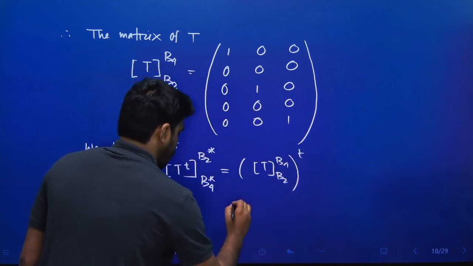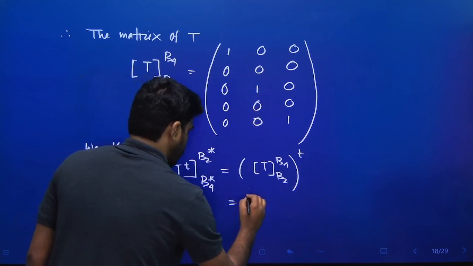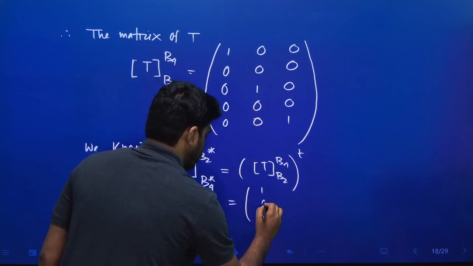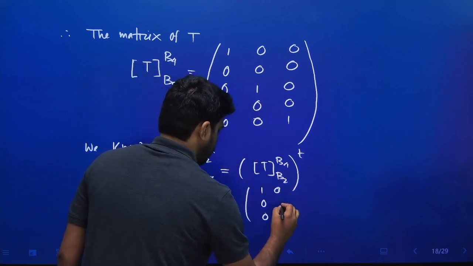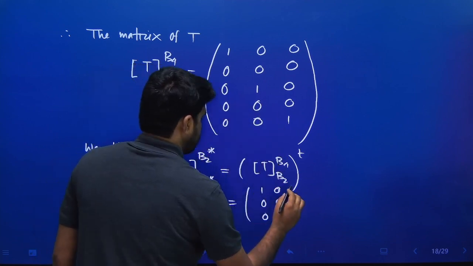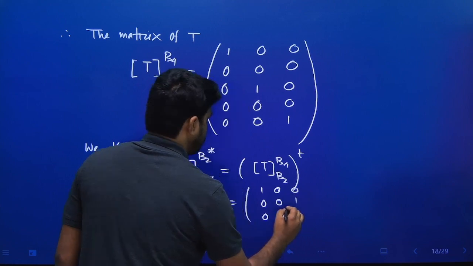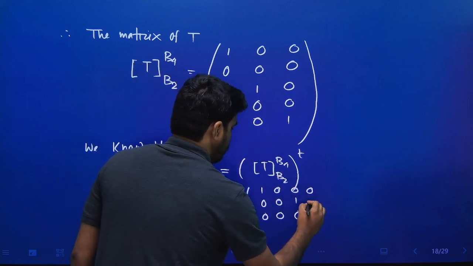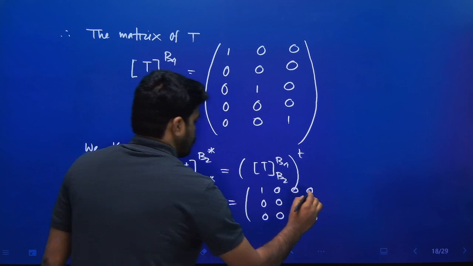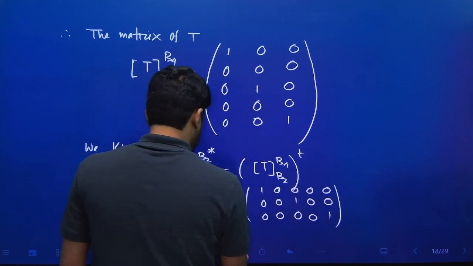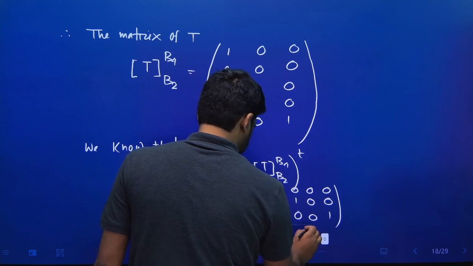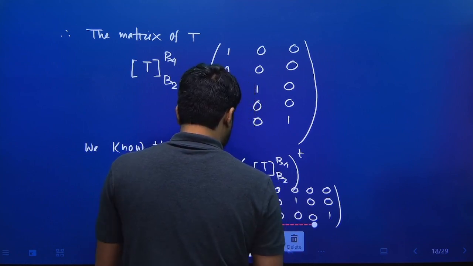Just transpose it, so this will be 1 0 0 0, 0 0 0 1, 0 0 0 0, 0 0 1. So this is the answer. Okay, so I think the concept is clear.